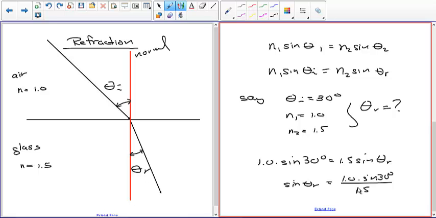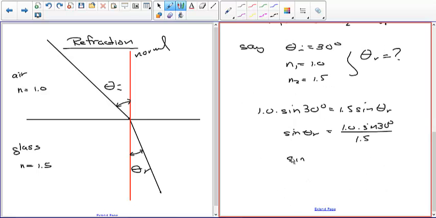So let's see what we get. Let's change my calculator to degrees, one of the few times we do that in physics. Oh, it is already in degrees. Good. So we take 1 times the sine of 30 divided by 1.5. And we get that the sine of the angle of refraction is equal to 0.333.